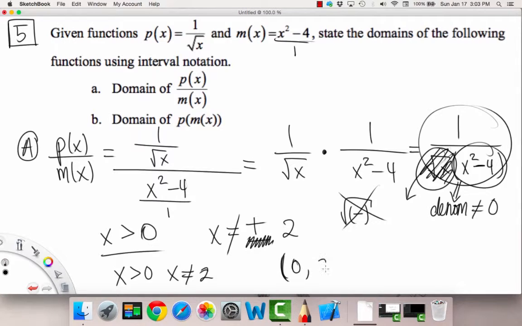We can go up to 2, but not include it. Then we take the union, which means added on to another interval, which is a parenthesis, 2, and then x can be anything greater than that, up to infinity. This is our domain for part A.